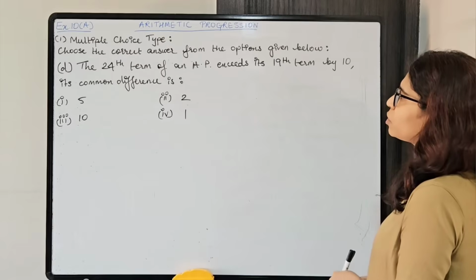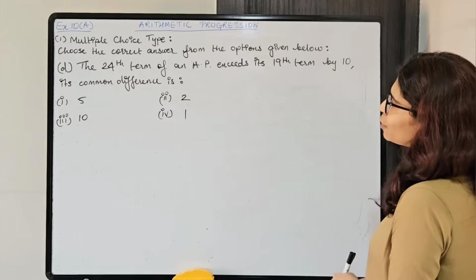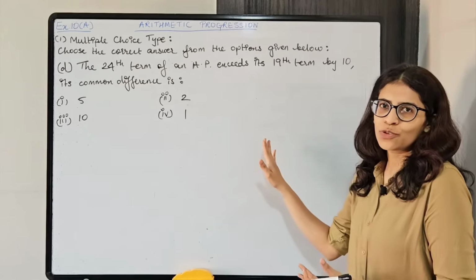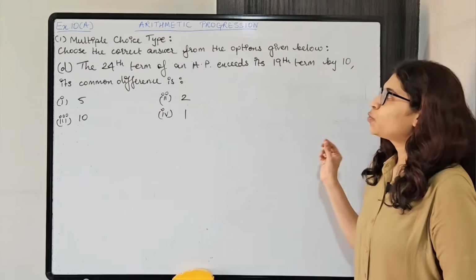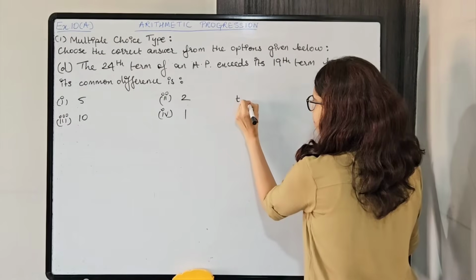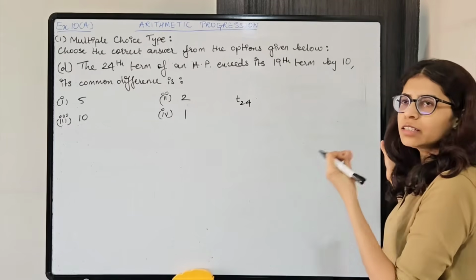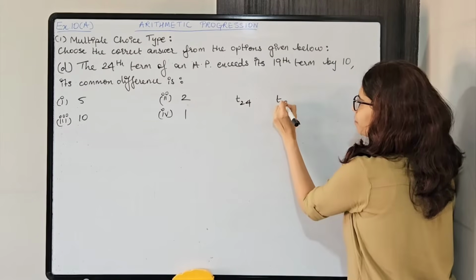D, the 24th term of an AP exceeds its 19th term by 10. Its common difference is, again don't look at the options, solve first. The 24th term of an AP, that is T24, exceeds its 19th term. 19th term is T19.